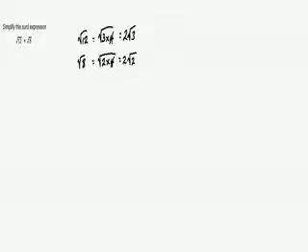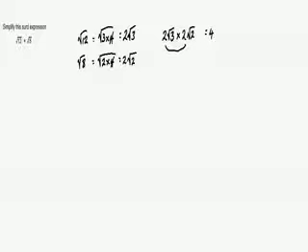So now what I've got is 2 root 3 times 2 root 2. Okay, so this is nice and easy. I know you don't believe me, but this is nice and easy. You multiply like with like. So 2 times 2 is 4.